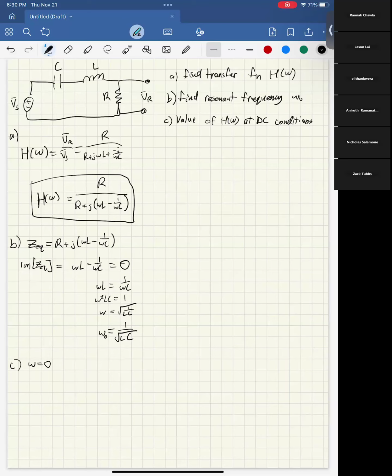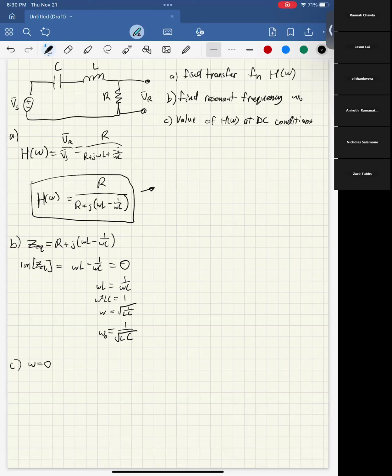Okay, Joshua, for this specific question, it didn't ask for standard form, but if you wanted to put this into standard form, then yes, you would have to do that. This doesn't really go into standard form nicely because we don't have actual numbers. You would divide by R on the top and bottom.